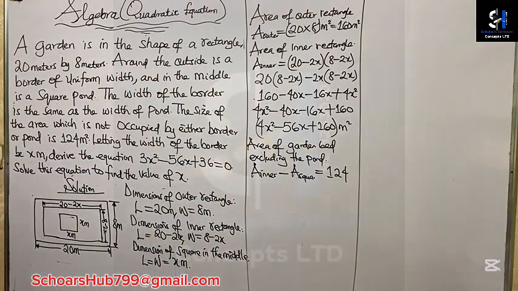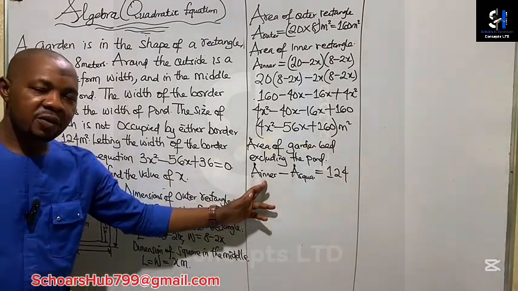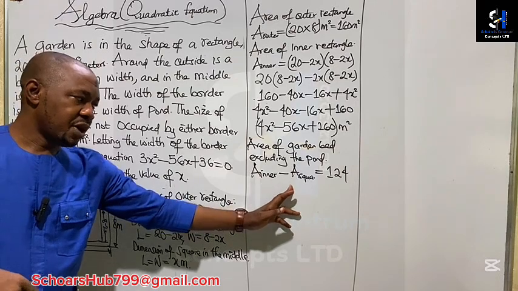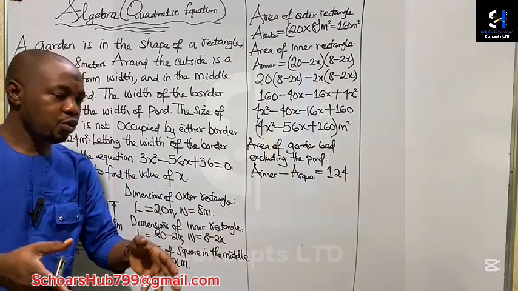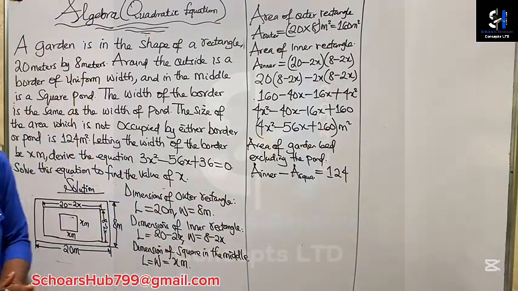Yes, because it says here that the size of the area which is not occupied by either border or pond is 124. So the area of the inner rectangle minus the area of the square pond will be equal to 124.